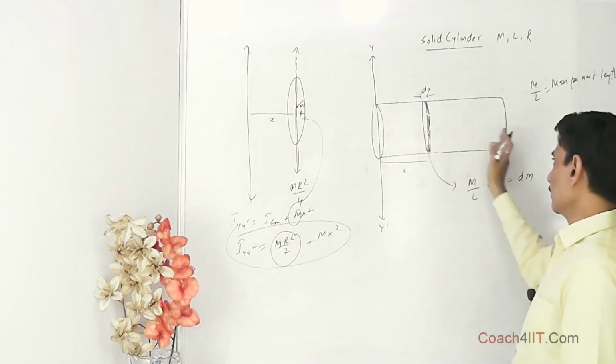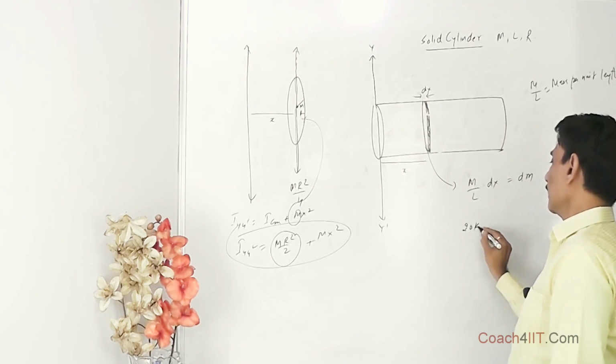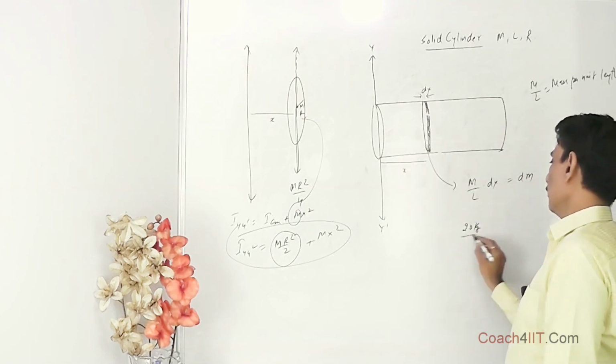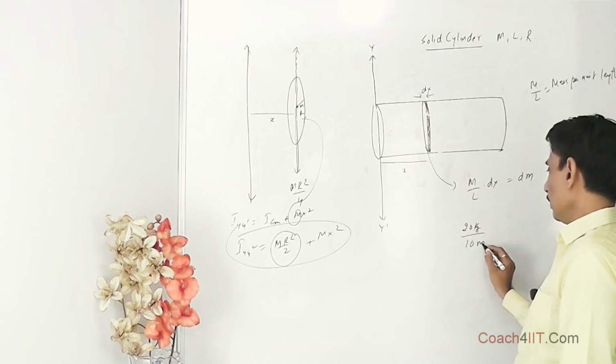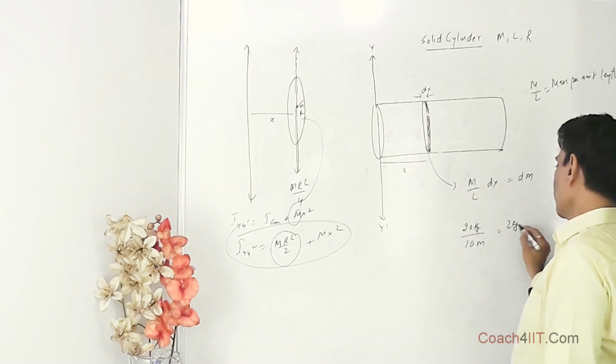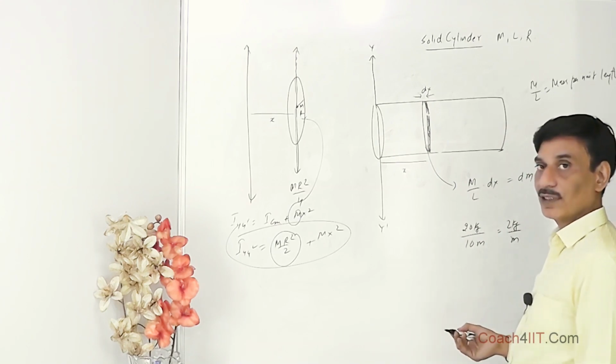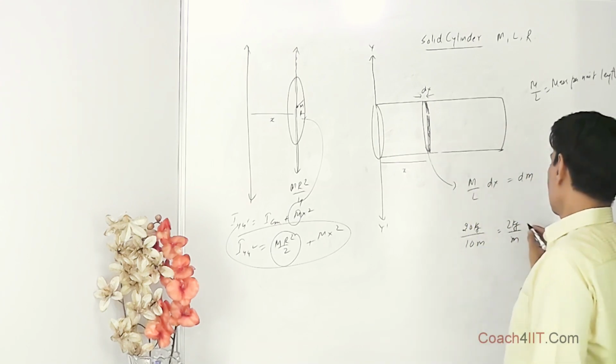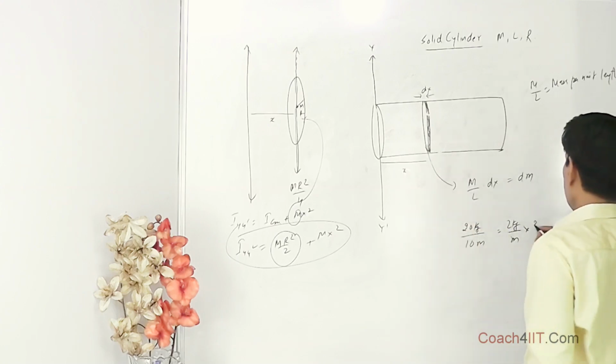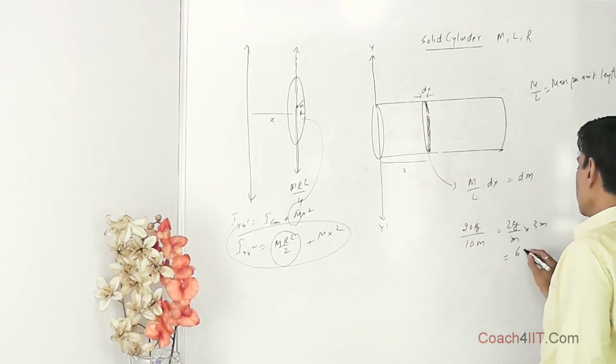If the mass of this cylinder is 20 kg and the length is 10 meter, then for every 1 meter it is 2 kg, that is 2 kg per meter is the mass per unit length. If the disc is of thickness, let's say 3 meter, it comes out to be 6 kg.